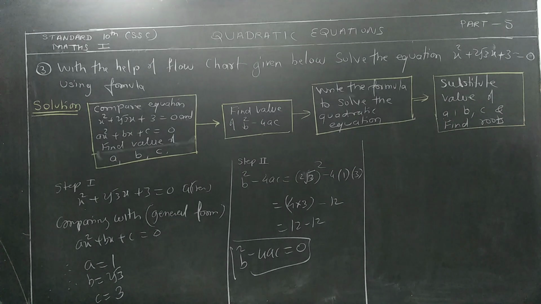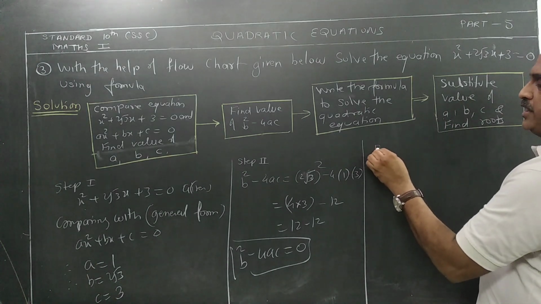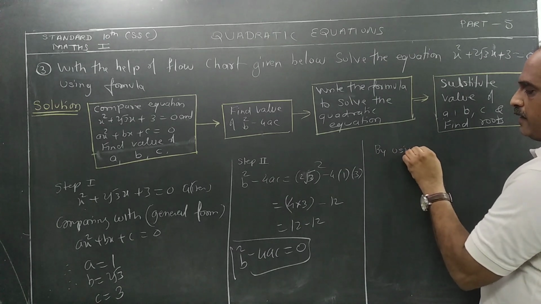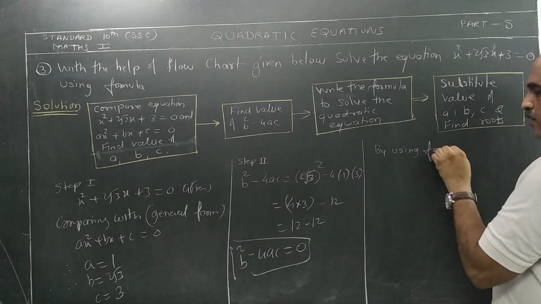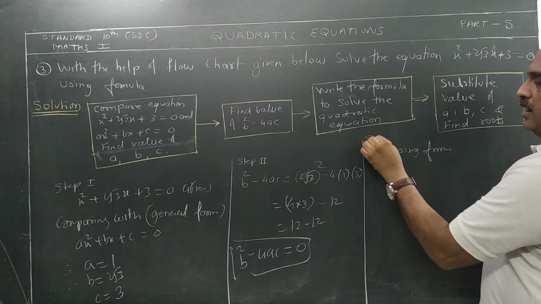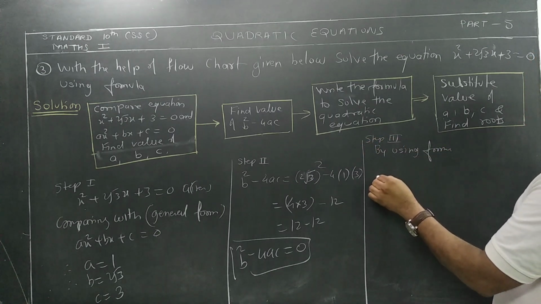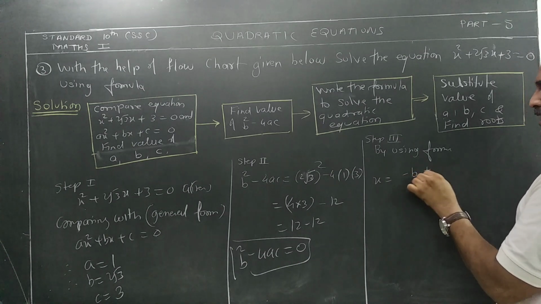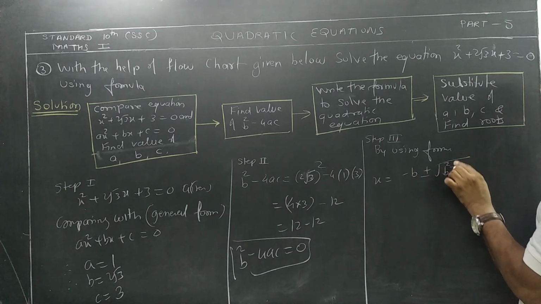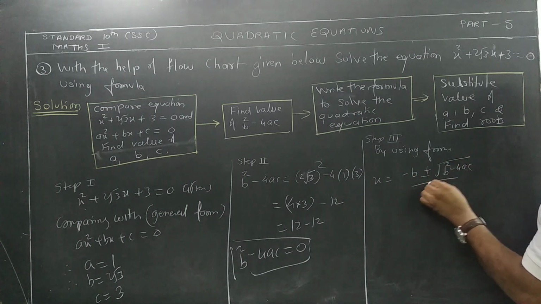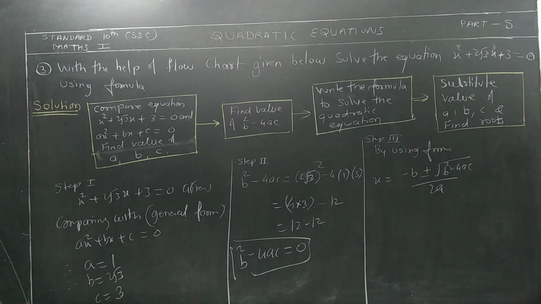Now, write the formula to find out the roots of the quadratic equation. Okay, so by using the formula, this is step number 3. Which formula are we going to apply? X is equal to minus b plus or minus root of b square minus 4ac upon 2a is the third step.